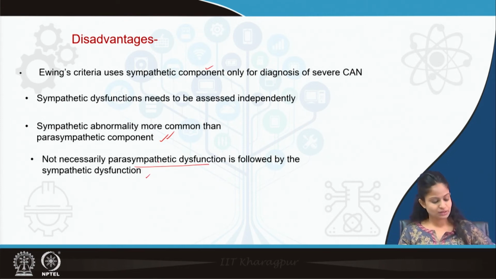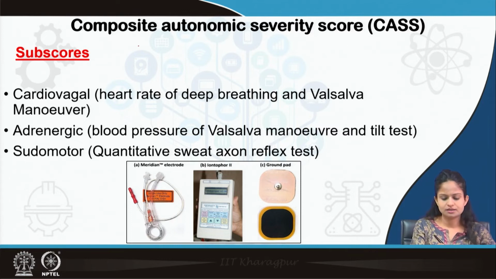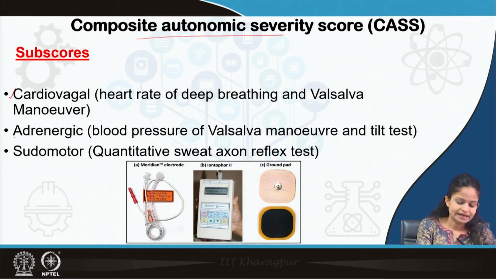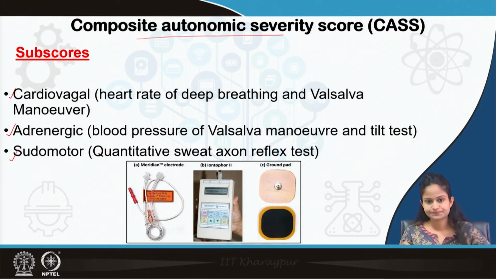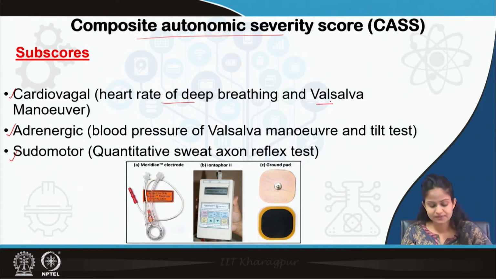So, to compensate for this, we have the CAS scores, that is composite autonomic severity scores. This was developed by the Mayo Clinic. The composite autonomic severity score, in short CAS, considers 3 domains based on sub scores: cardiovagal, adrenergic and pseudomotor. Cardiovagal is mainly the heart rate response to deep breathing and Valsalva maneuver.